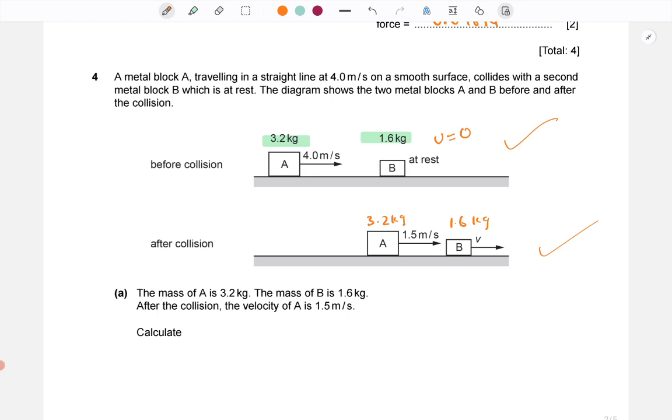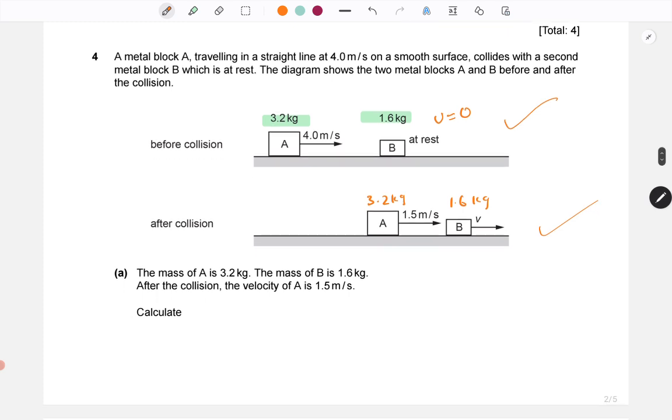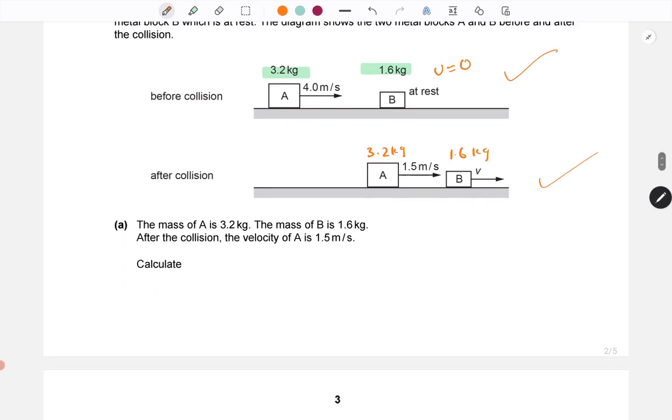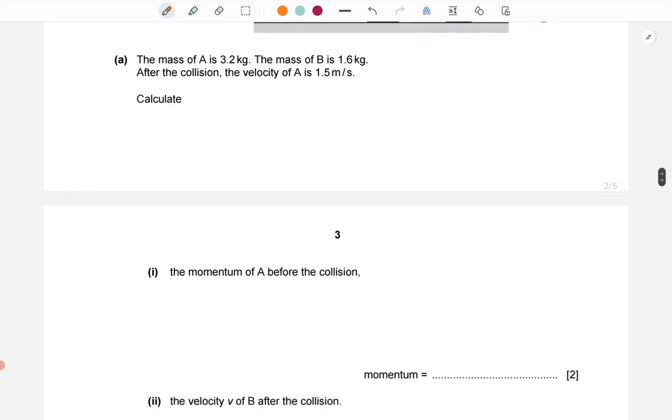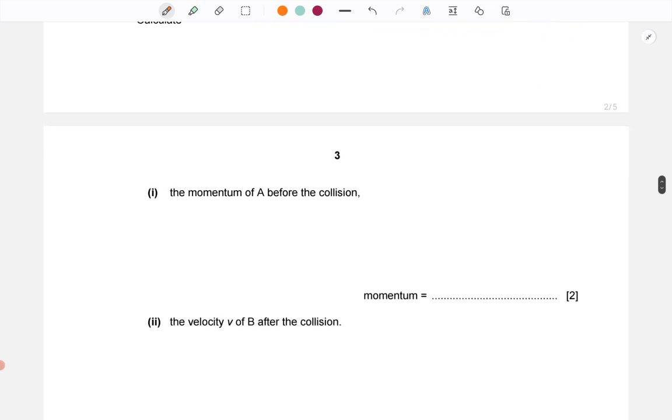Okay. Let's see what is the question, because these are only the given values. So what are we supposed to calculate? The first part is the momentum of A before the collision, right?